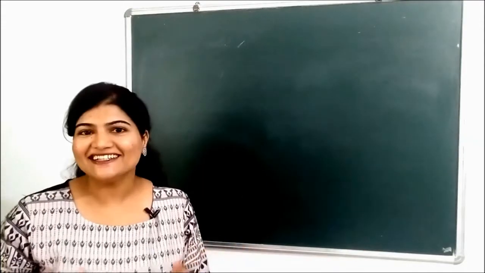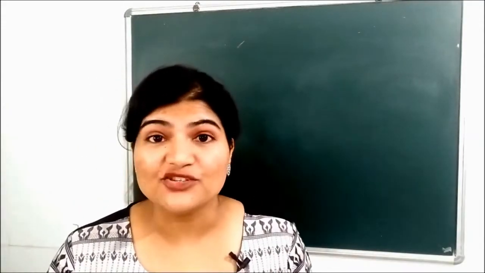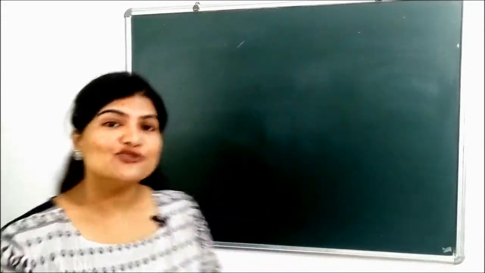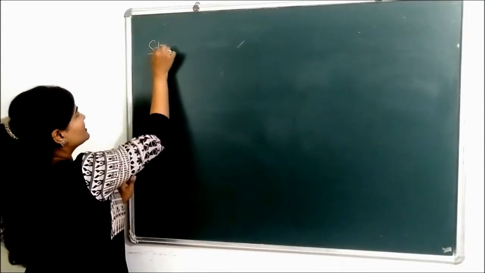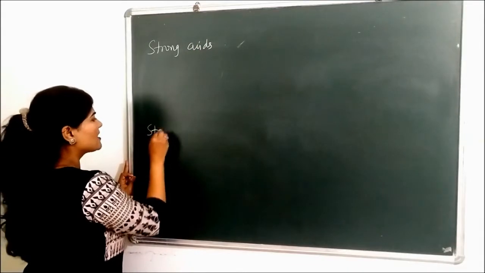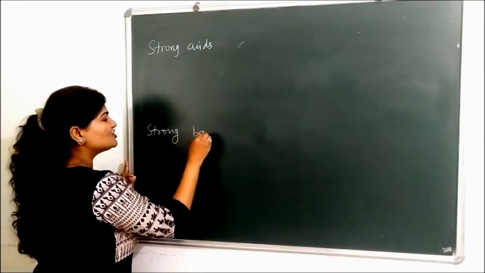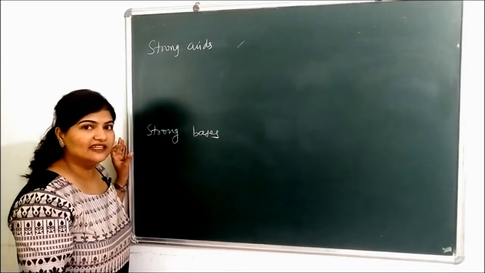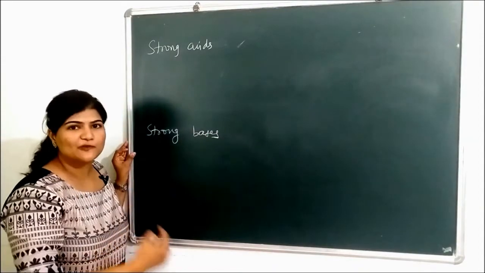So friends, let's start the discussion with the question, what are strong and weak electrolytes? Strong electrolytes like strong acids or strong bases are the substances which dissociate completely in their solutions to produce the corresponding ions.